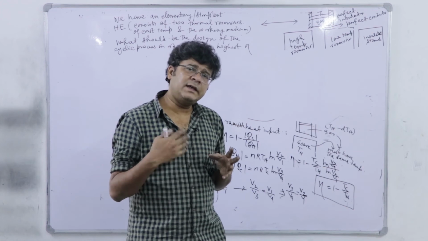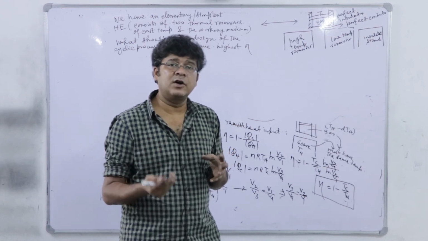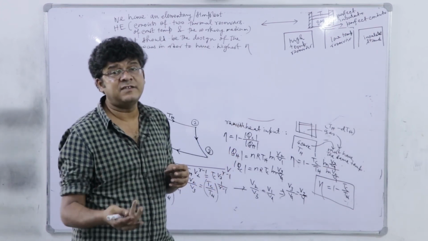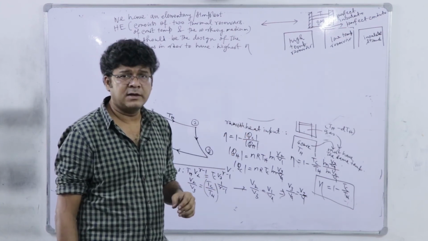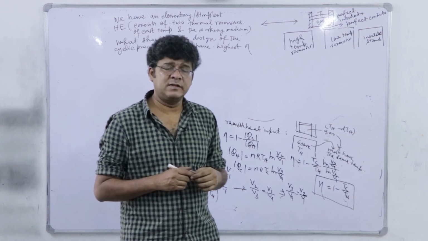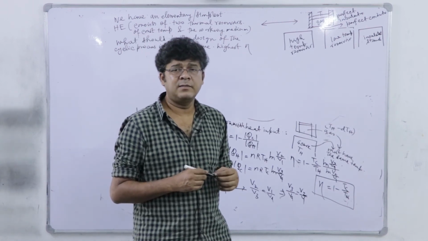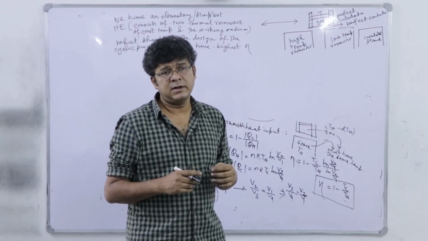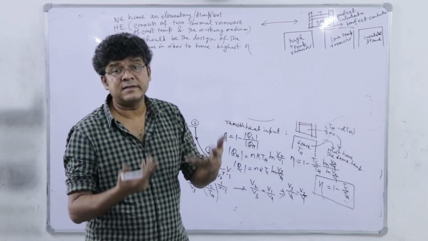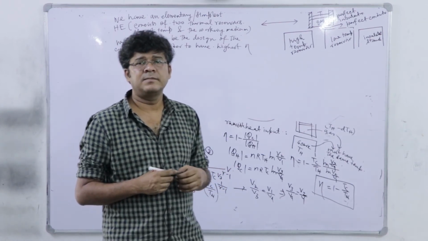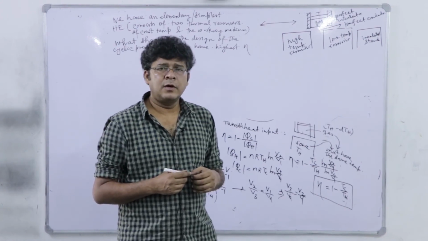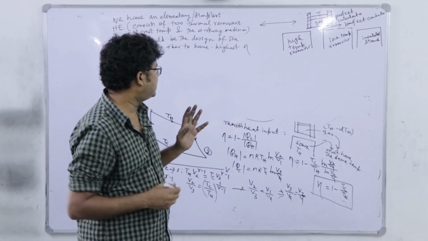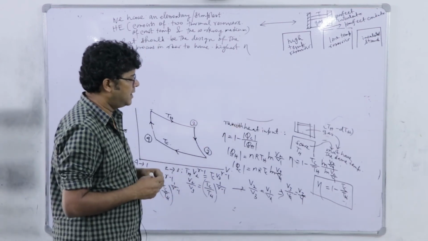So what is the maximum possible theoretical efficiency we can achieve? That is a limiting value, right. And we can check the performance of a real-life power plant in the sense of what its exact or actual efficiency is. So you see, what is the maximum possible efficiency?